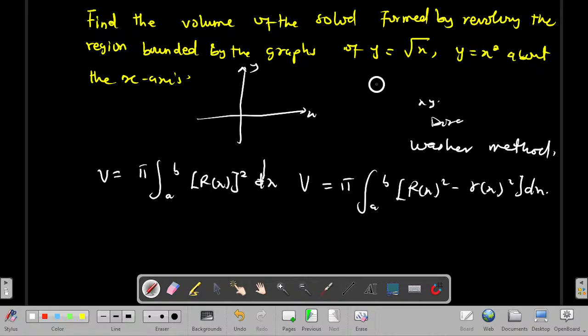So let's find the limits. First, y equals square root of x, then y equals x squared. Why don't I equate them? So root x is equal to x squared. Squaring both sides, I have x equal to x to the power 4. Factoring out x, x times x cubed minus 1 equals 0. I'll have x equals 0, x equals 1. So on my graph, I'll simply plot x equals 0 and x equals 1.